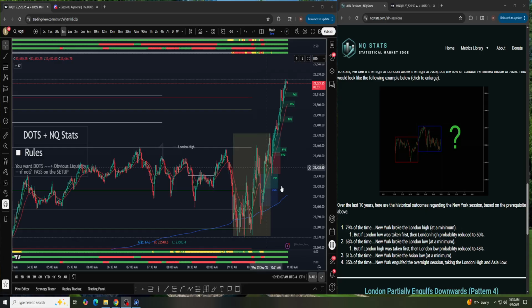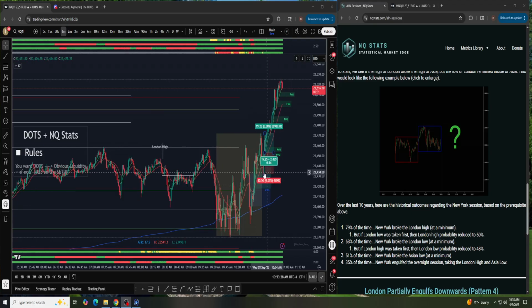Coming into the day, the first thing I like to look at is the ALN sessions data point for NQ Stats. NQstats.com, very good data using probabilities based on price action and price structure that helps inform my bias.